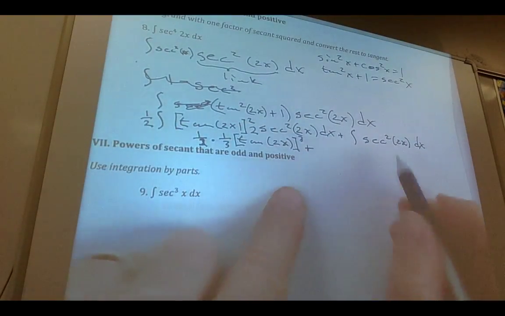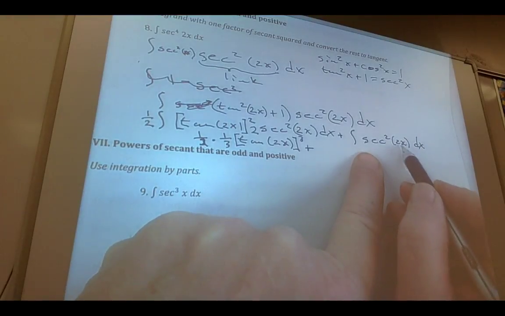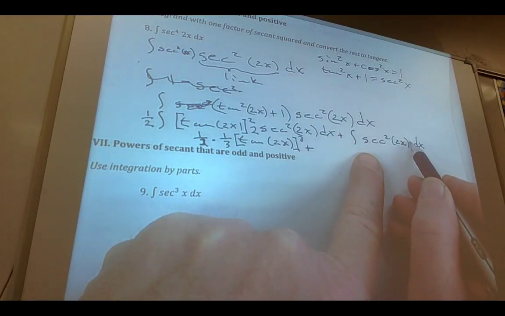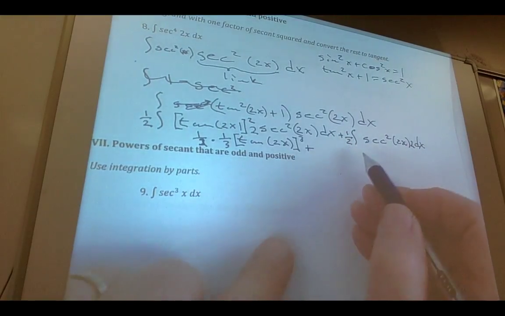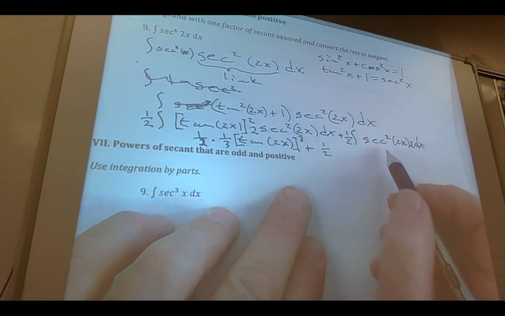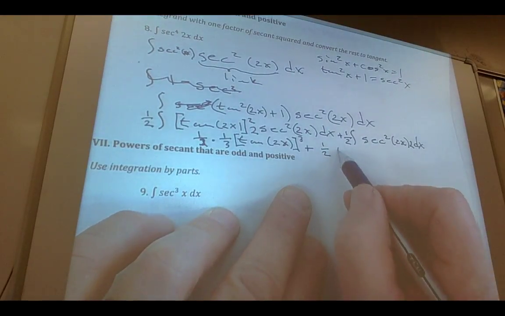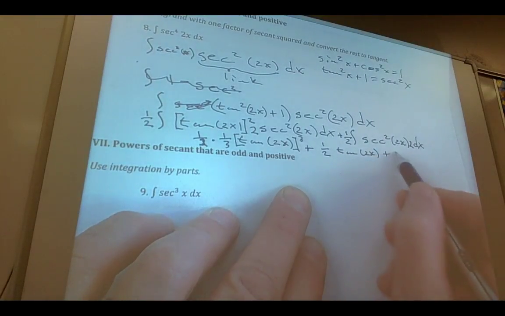Plus the antiderivative of secant squared. Well, again, I got to have the derivative of 2x in this integrand, which is going to be 2. So I'm going to also need to place a 1/2 out front. So that's going to give me 1/2 the antiderivative of secant squared, which is the tangent of 2x plus c.